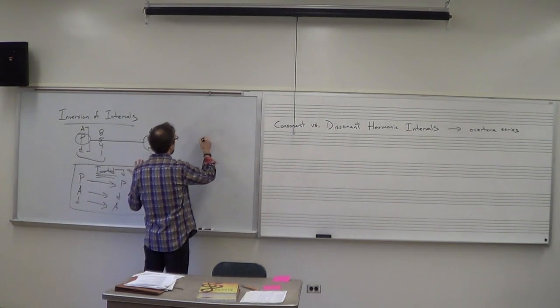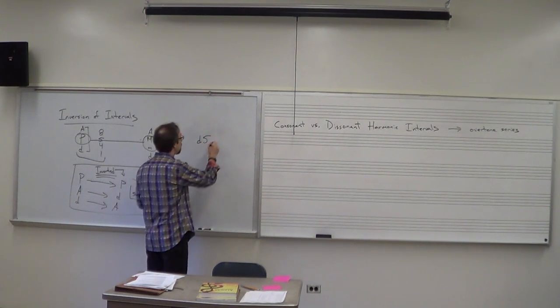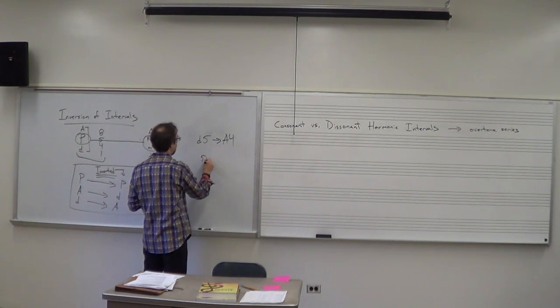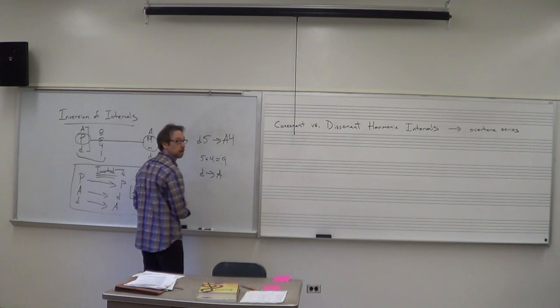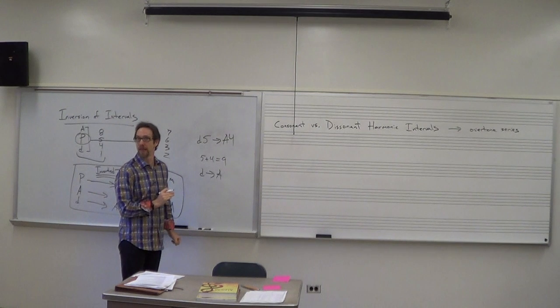So if I just say diminished fifth, without even thinking hard, I can just go augmented fourth, because 5 plus 4 equals 9, and diminished becomes augmented. And you can check it, but it'll always turn out that way.